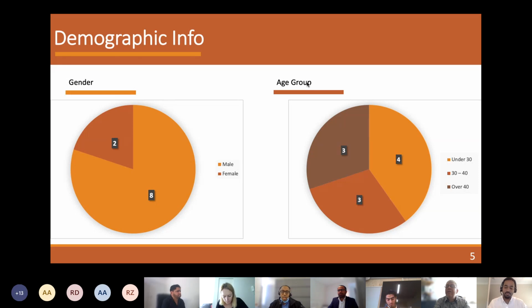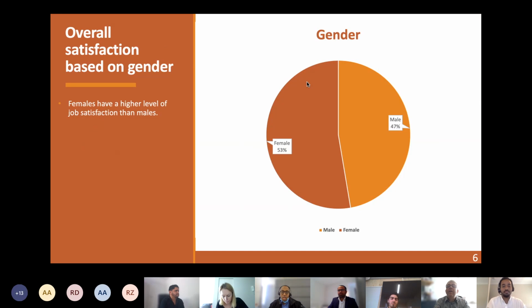In the next slide, we realize that in our survey the overall job satisfaction belongs to the females, which is very impressive, although they had a small number in our survey.